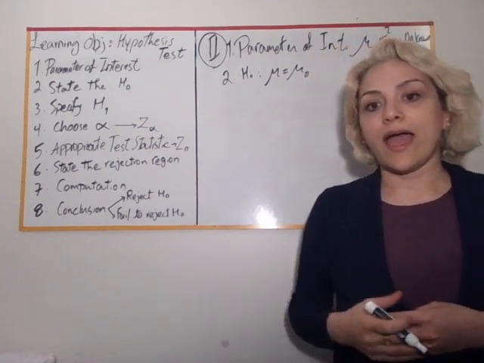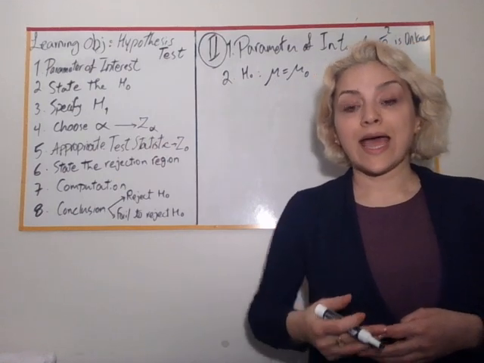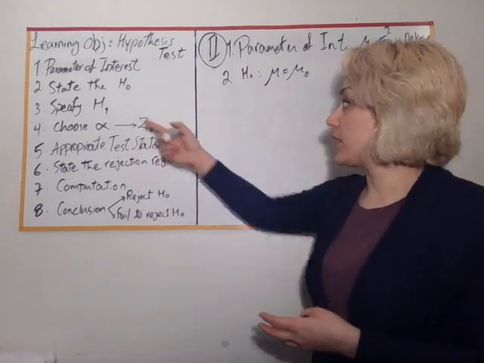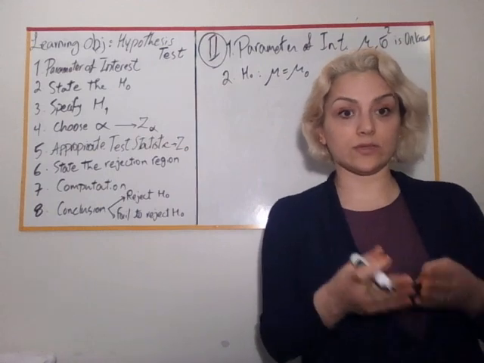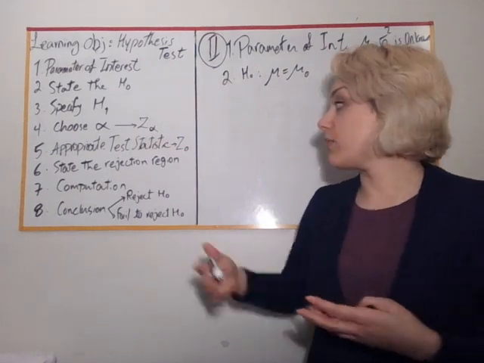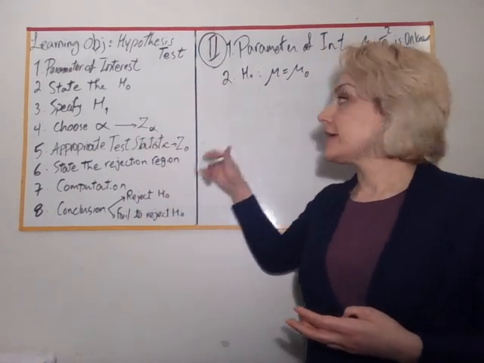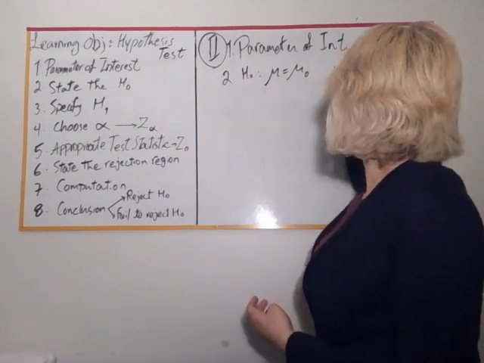Then I have my alternative hypothesis, and based on it we see if it's one-sided or two-sided, which determines the rejection region.